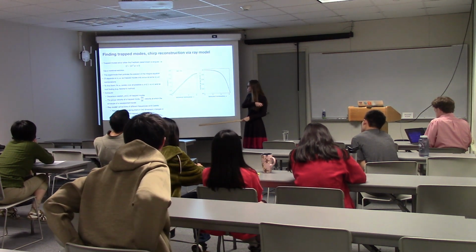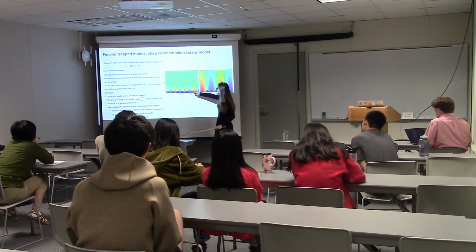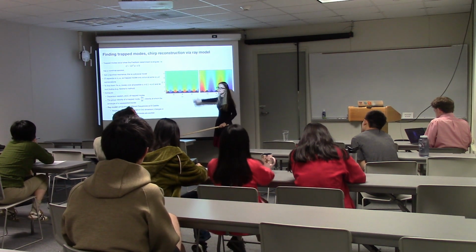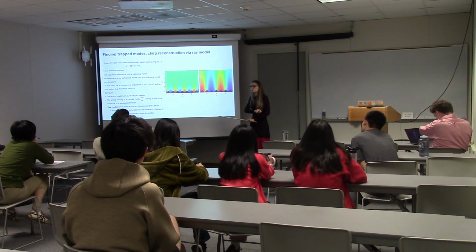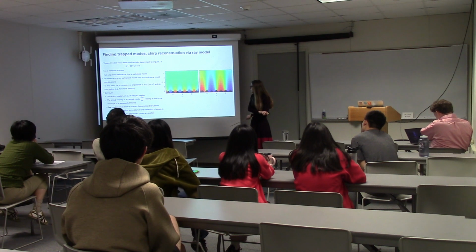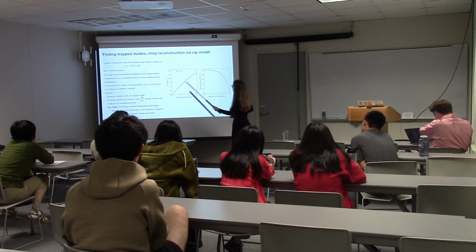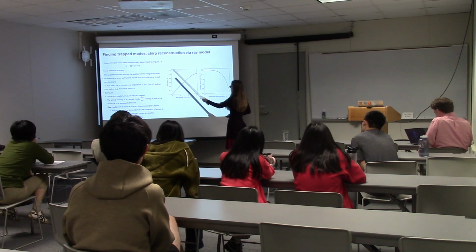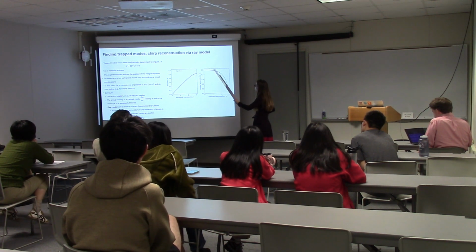If the incident radiation is such high frequency that you would need to fit multiple of these lobes into each of the grooves, that does not exist. You cannot satisfy the boundary conditions like that. So this is the dispersion relation. There's a critical frequency above which no trap modes exist, and this is how quickly they propagate.